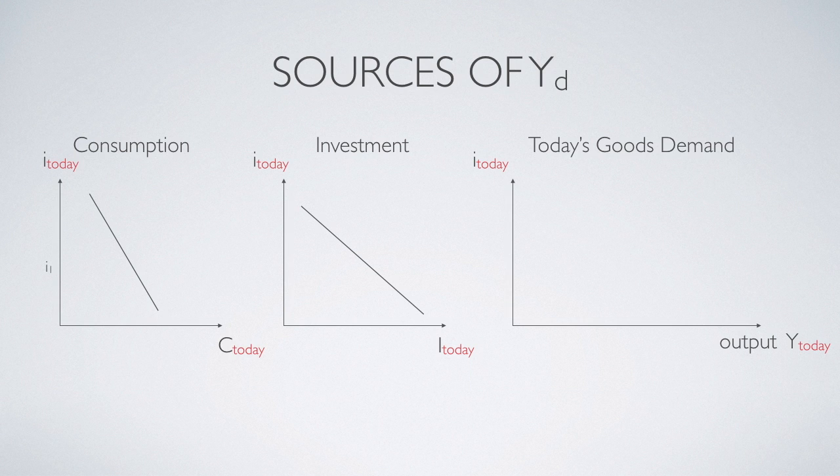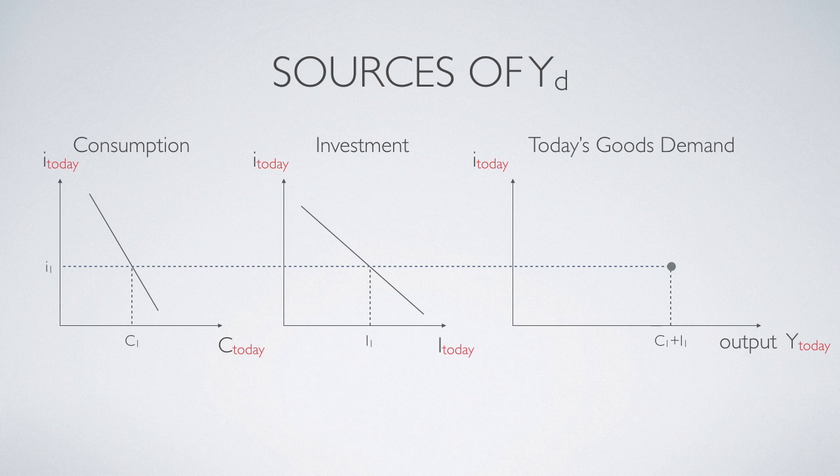At this interest rate, the consumption today is going to be C1, and the investment today would be I1. Therefore, today's final goods demand would simply equal C1 plus I1, which gives us the gray dot on today's goods market.